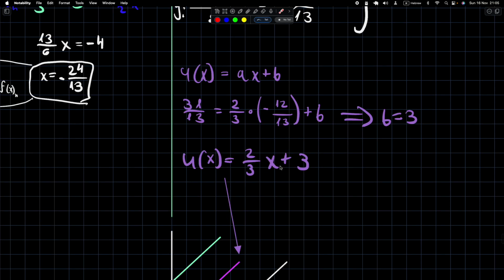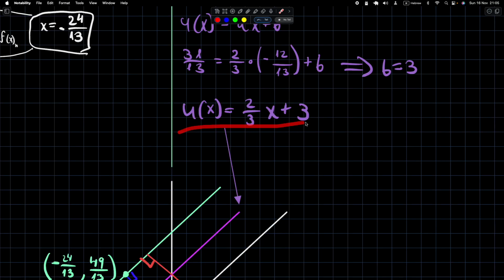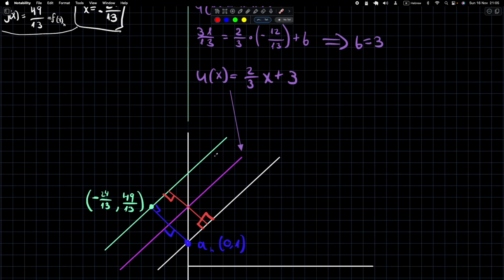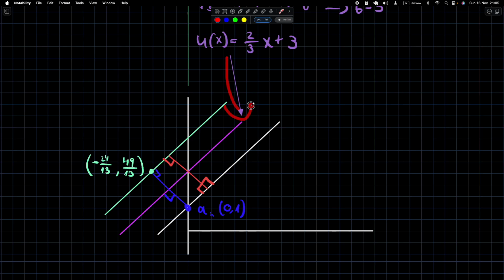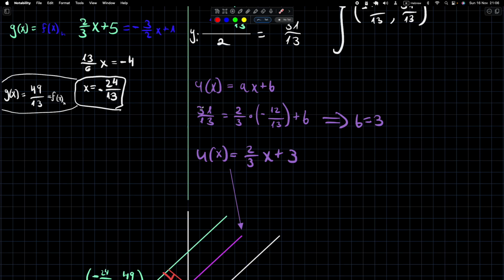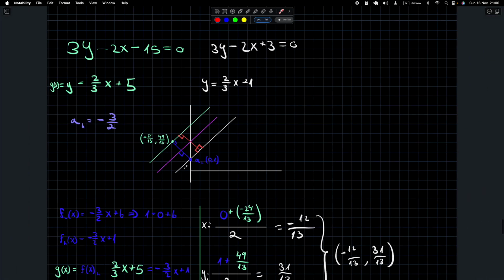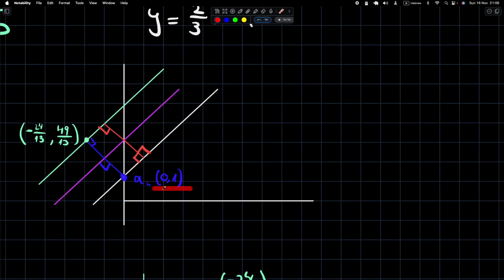And then I discovered the equation and the point for the results. So again, our idea is we can easily take any point here. I just took (0, 1), it's an easy point.